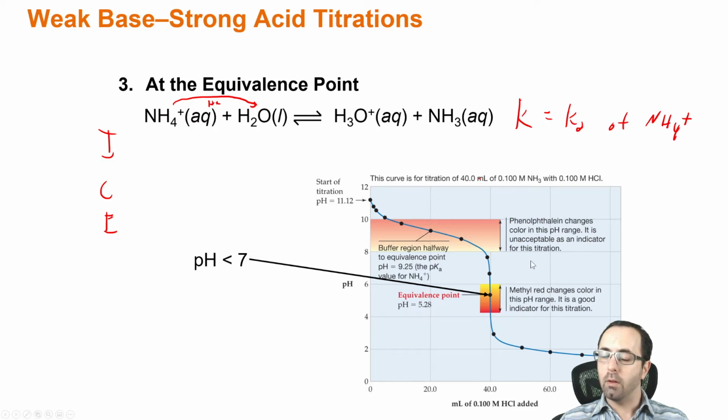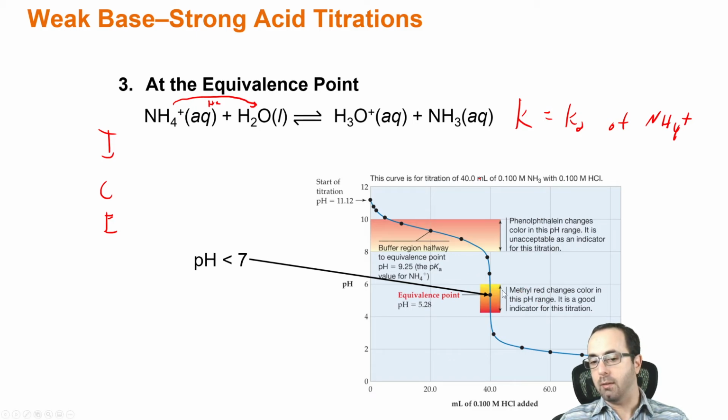In terms of indicators, as you guys saw in your titration, phenolphthalein was not a good indicator for this titration because it does not change color in the region of the curve that changes quickly in pH. A good acid-base indicator is one that changes color at a pH near to the equivalence point.